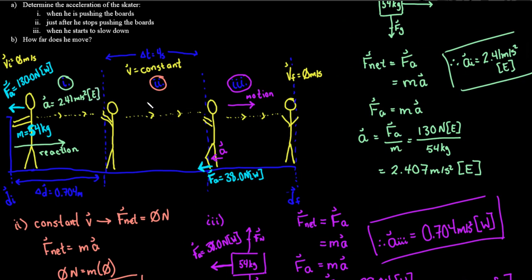The acceleration over this portion is 0 meters per second squared. And then we know over the last portion that his acceleration is 0.704 meters per second squared west.